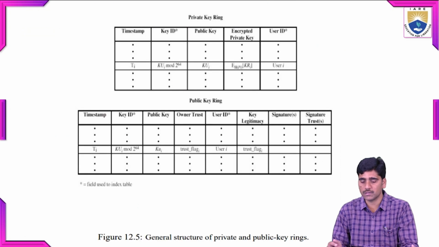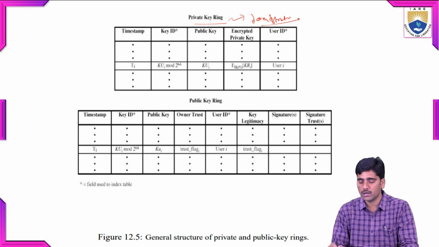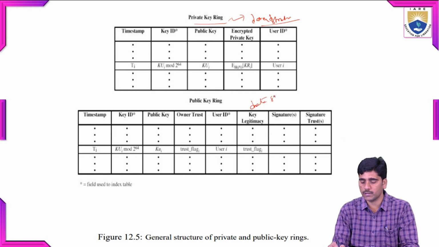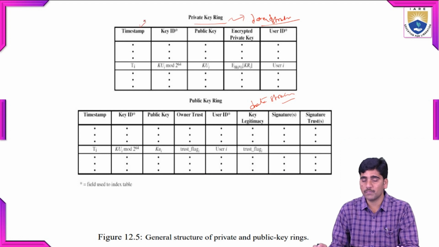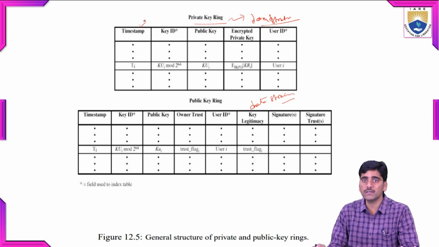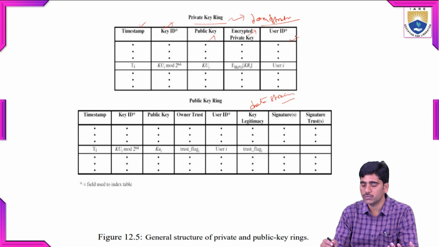Here the table represents the private keyring data structure and the public keyring data structure. So what does it contain? It contains the timestamp of when the key was generated, the key ID of the generated key, the public key, the encrypted private key, and a user ID.